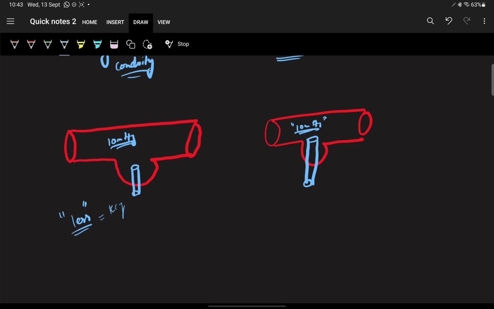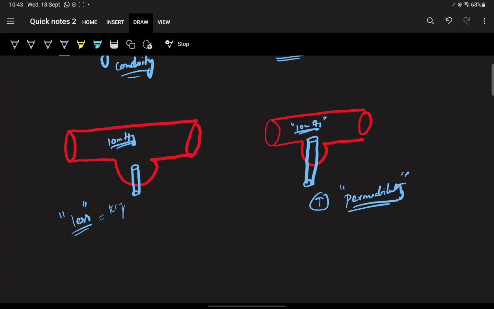If the pipe is bigger or wider, then obviously there will be increased permeability, right? If the pipe is wider compared to the last one, there will be increased permeability.